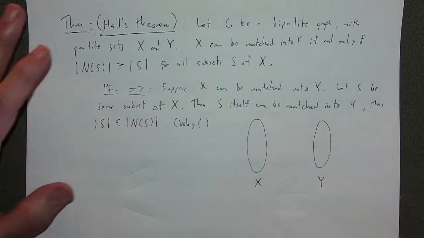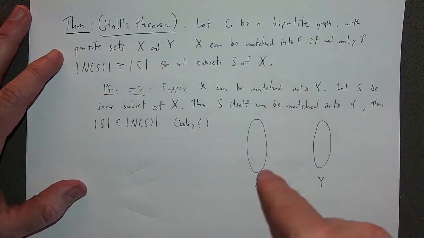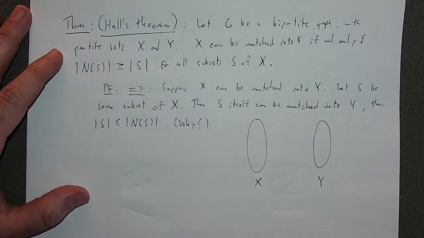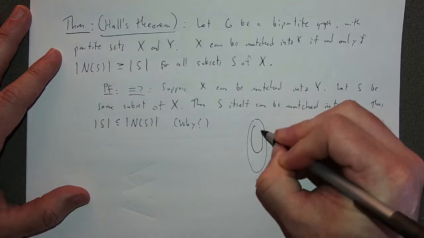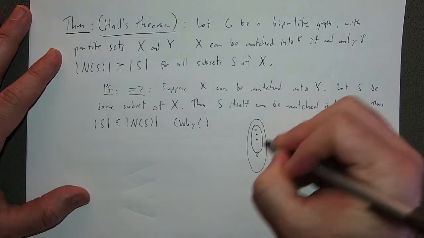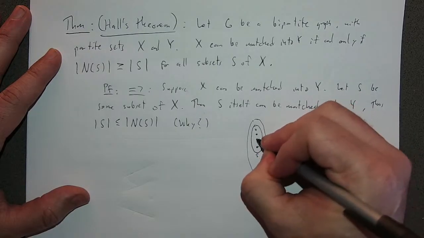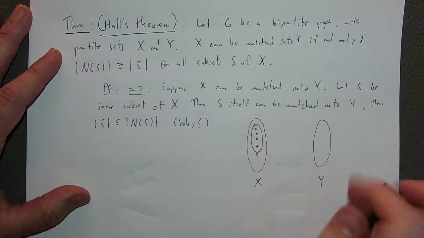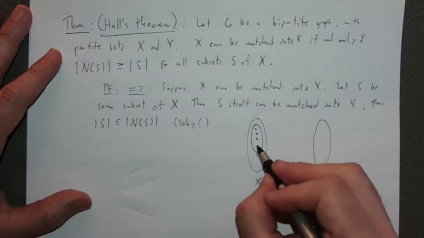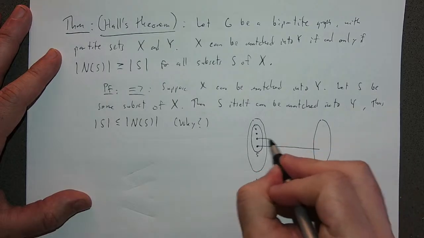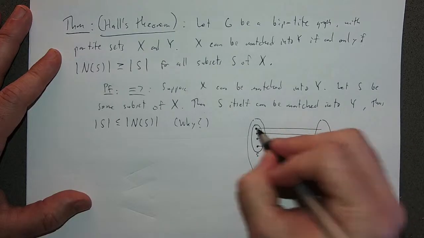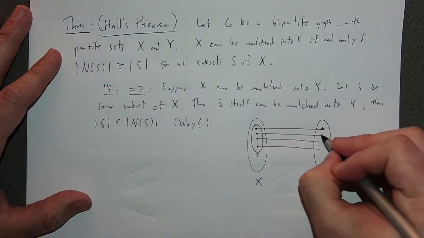Because it saturates the vertices of X, for any subset of the vertices of X you can just use the same matching for those particular vertices. So say that S is your subset of vertices. Here's S. It contains some number of vertices. Use the same matching that matched X into Y to match these vertices over here to vertices.